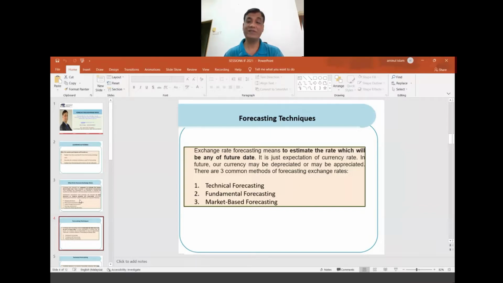So the exchange rate of your currency may depreciate or may appreciate, and that may affect the cash flow of your company. You may lose a lot, you may even gain a lot, depending on the appreciation and depreciation of the currency rates.